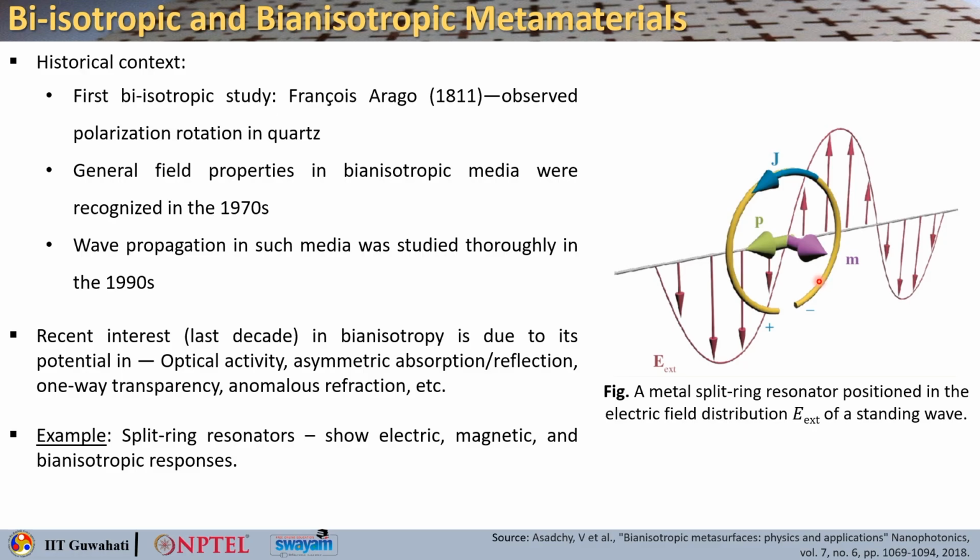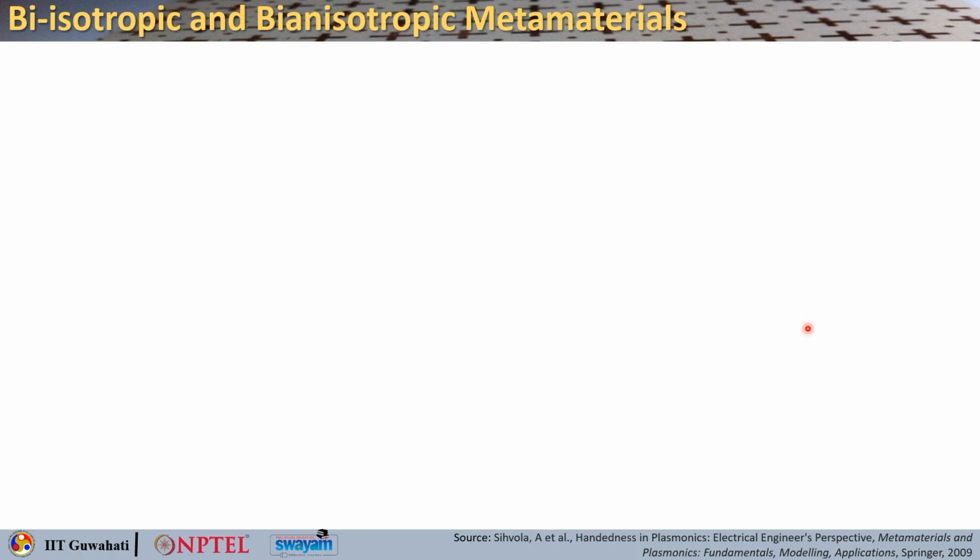And due to the geometry of the split ring, the electric field also excites a polarization because of the charge splitting. So you get both electric and magnetic dipoles. It becomes very interesting, and a simple split ring resonator has got electric and magnetic as well as bianisotropic response.